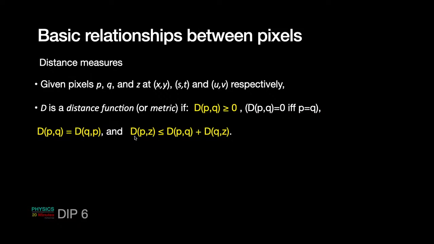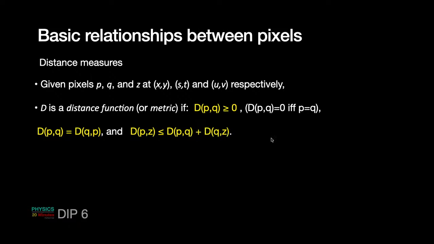The distance between any 2 pixels has to be less than or equal to the sum of the distances between other pairs. So the distance between P and Z has to be less than or equal to the distance between P and Q plus the distance between Q and Z.